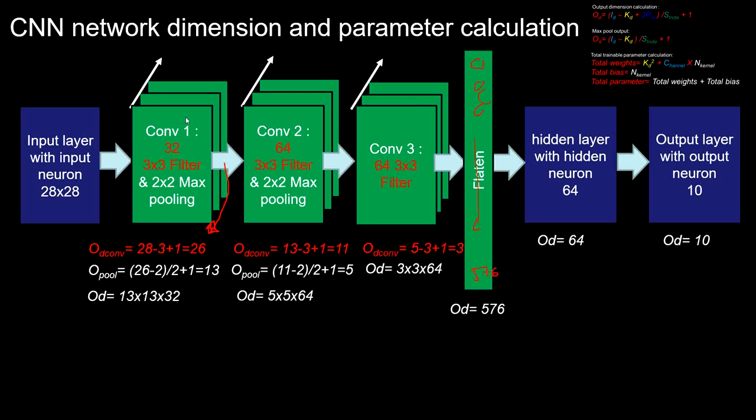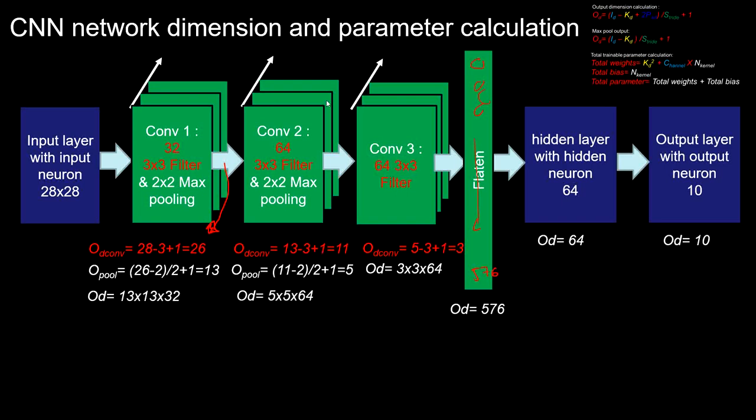So that is the weights. We determine the total weights by using this equation: this is the kernel dimension, which is multiplied with channels and then multiplied with the number of kernels. And then for every layer, if you still remember, usually we have the bias.